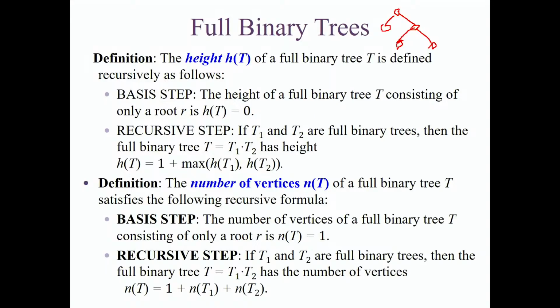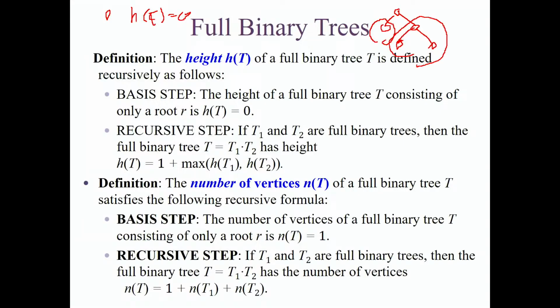If we have only one vertex, this is the root of the full binary tree, then the height is 0. Okay, then let's see if this is T1, this is T2.